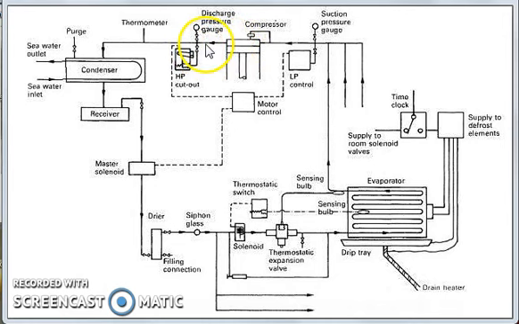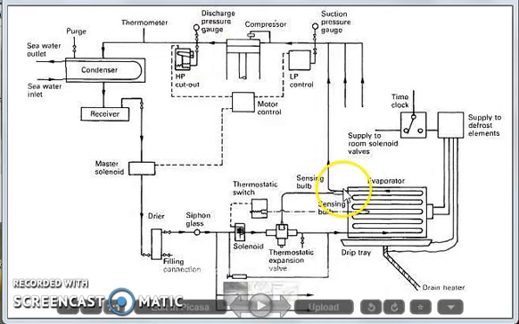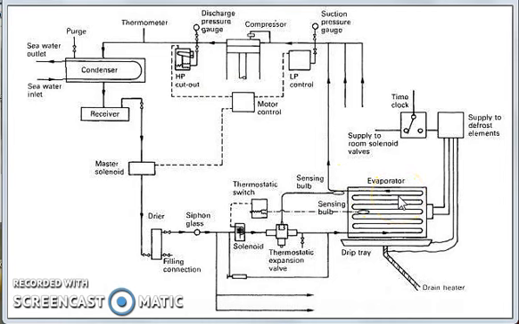This oil should be separated so that it does not go into the system, or else the heat transfer rate will decrease, because the oil gets accumulated in the evaporator valves and hence leads to a lot of problems, like the temperature not coming on the system.